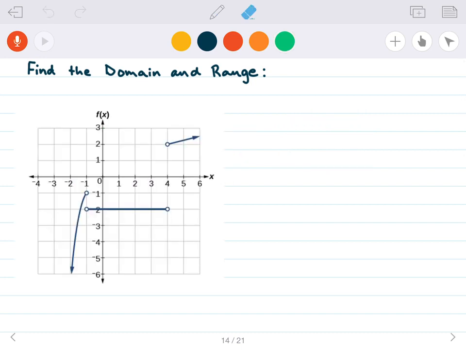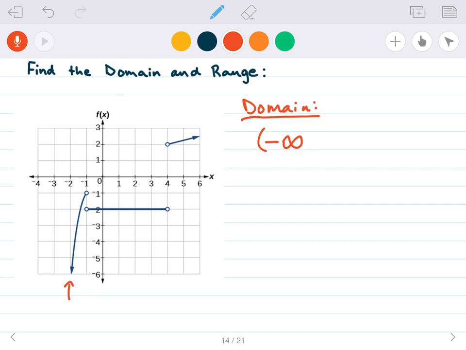Let's do this example. This one's a little trickier, but it's okay. Let's do the domain first. Domain is how far left to how far right does it go. We have some jumps, so we want to be careful. How far to the left does this thing go? This arrow is telling us that it goes on indefinitely to the left, so it starts at -infinity, and we're putting parentheses anytime we see an infinity.